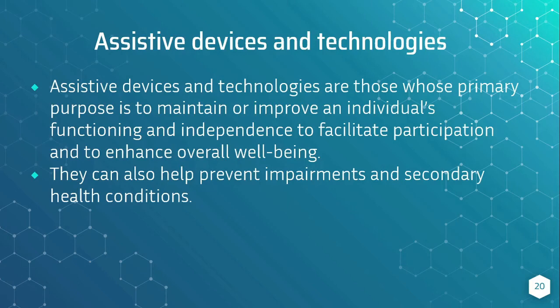Physical modifications in the built environment, including ramps, grab bars, and wider doorways to enable access to buildings, businesses, and workplaces. Lightweight, high-performance mobility devices that enable persons with disabilities to play sports and be physically active.